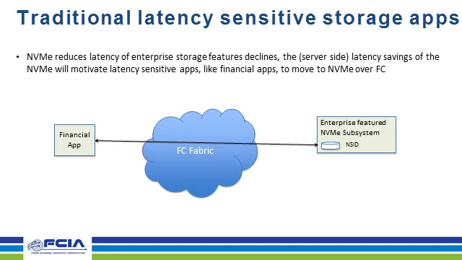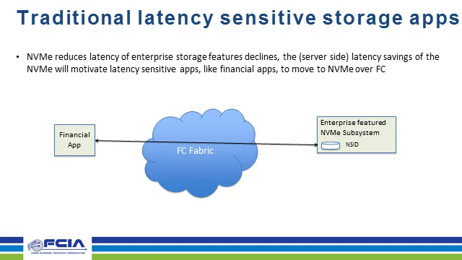In addition, with FC-NVMe most of that benefit shows up in the server side stack. There's a number of reasons for that. The FC fabric forwards the frames with the same latency, whether they're NVMe frames or SCSI frames. And then there's some variation on the target side.